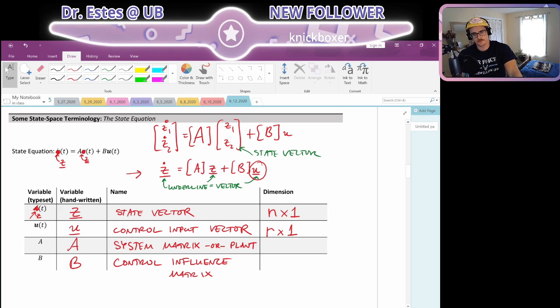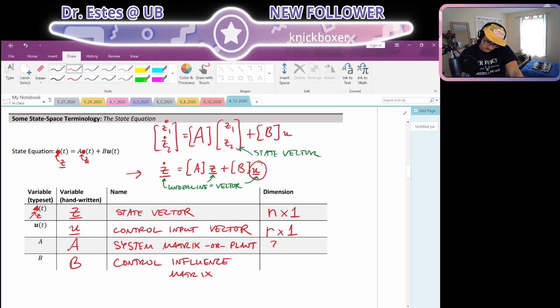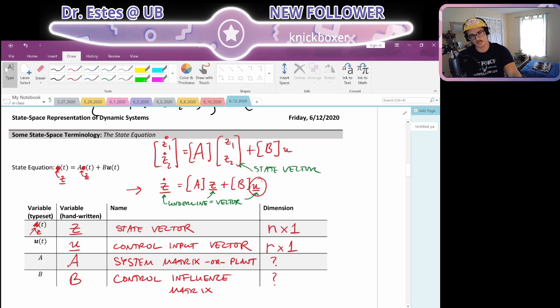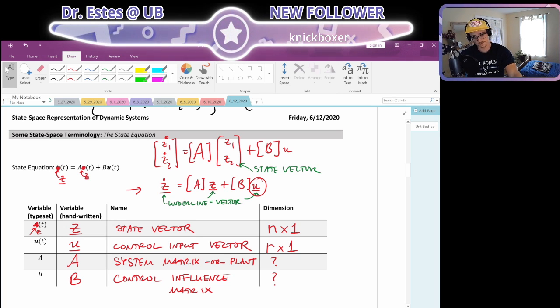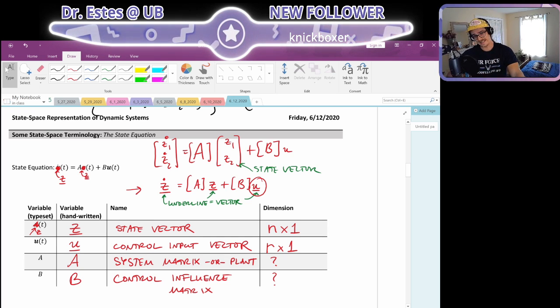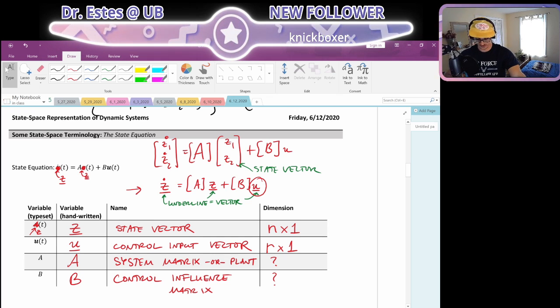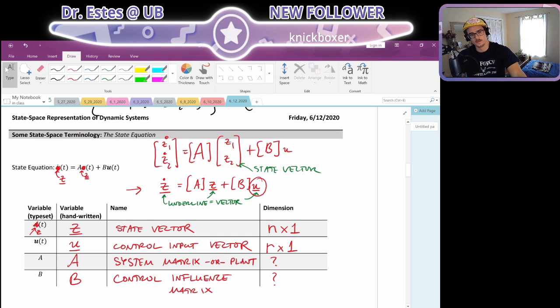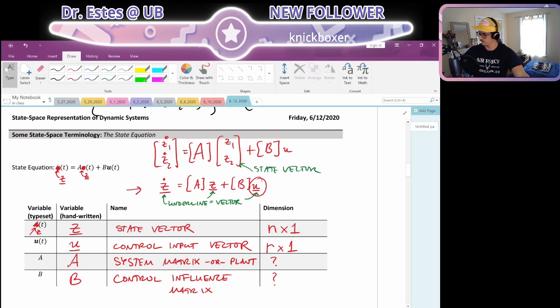Okay, this is a question for the audience. What dimension do these A and B matrices, the system matrix and the control influence matrix, need to be in terms of N and R, those variables I defined up above? A little test of your matrix algebra. What dimension do they need to be?